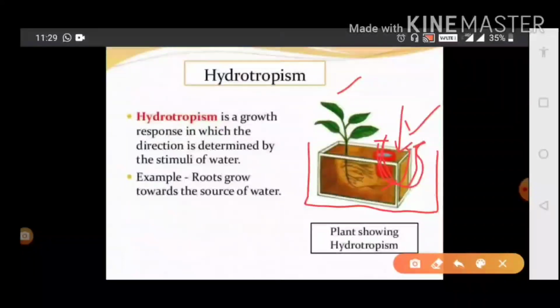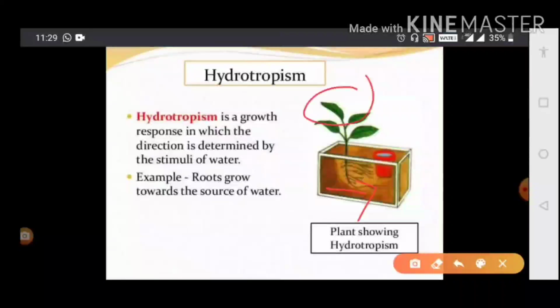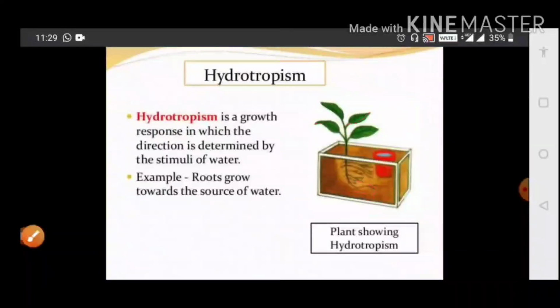After some days or after a month, you take out the plant and observe the growth of the roots. You will observe that the roots are moving towards the source of water, so the roots are showing positive hydrotropism, whereas the shoots are not bending towards the water. They grow against the roots, so they are showing negative hydrotropism.